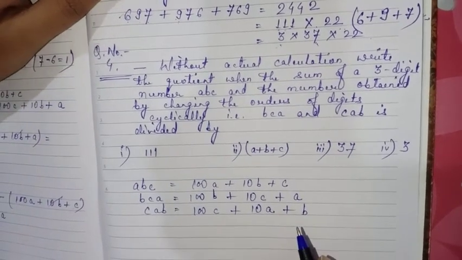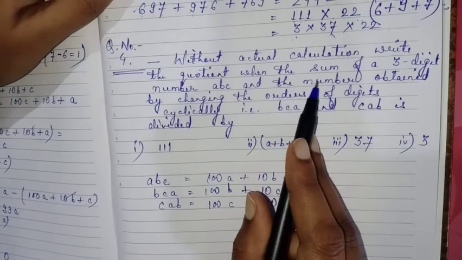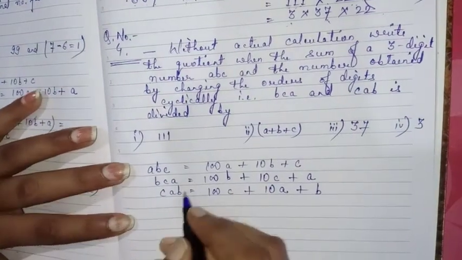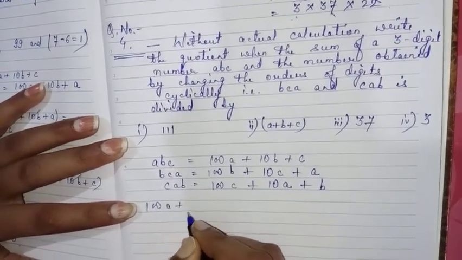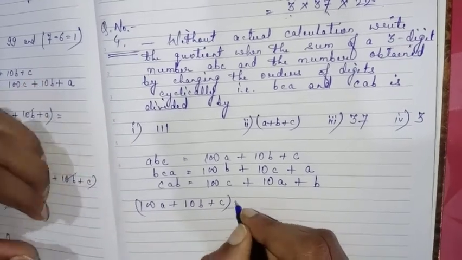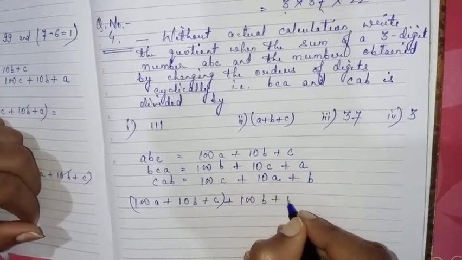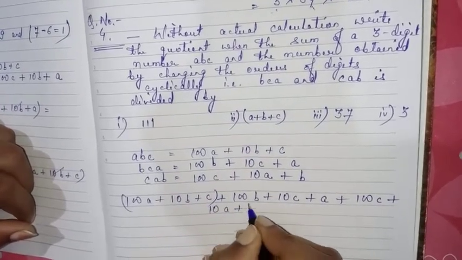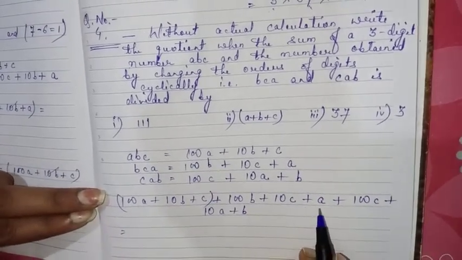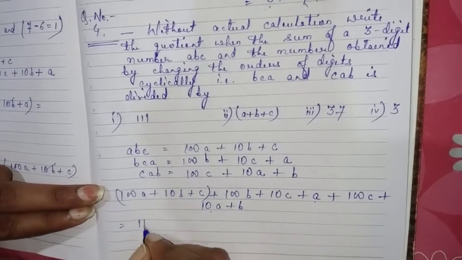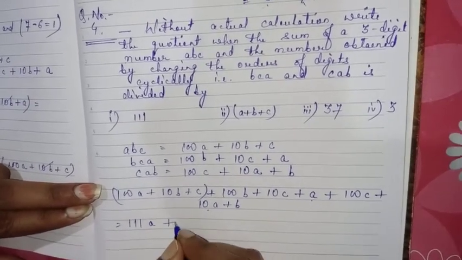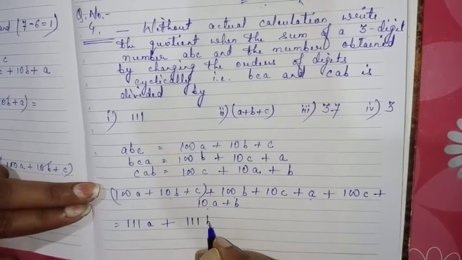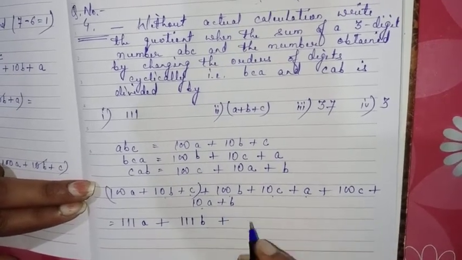So now, when the sum of a 3-digit number ABC and the numbers obtained by changing the order, you add these three numbers: 100A plus 10B plus C, plus 100B plus 10C plus A, plus 100C plus 10A plus B. So what you will get: 100A plus A plus 10A, that is 111A, plus 10B, 100B and B, so 111B, plus C, 10C and 100C, so 111C.